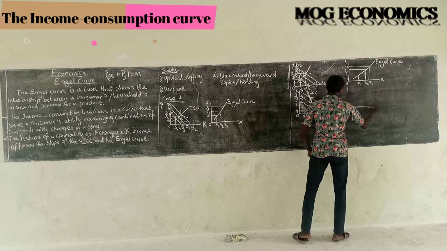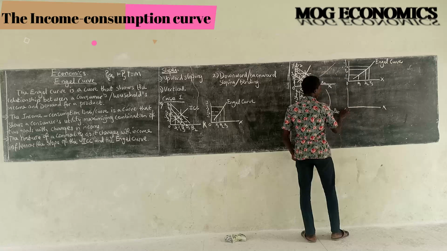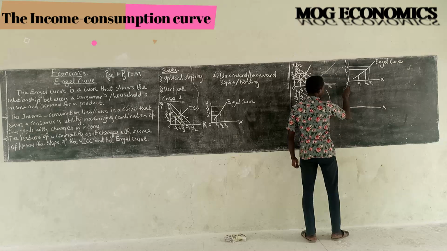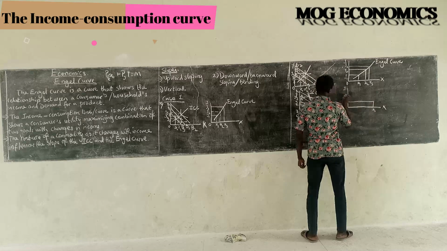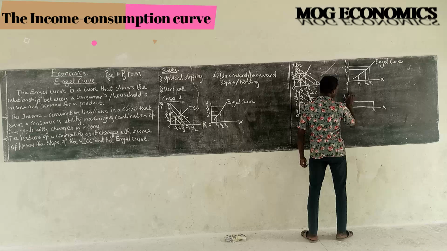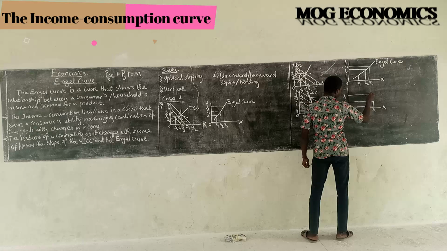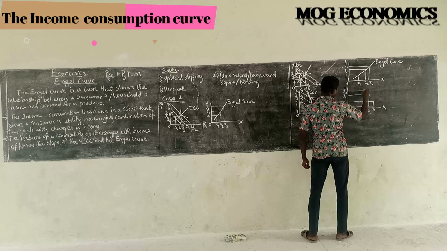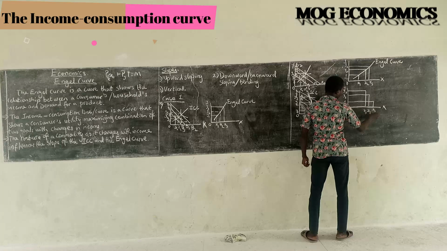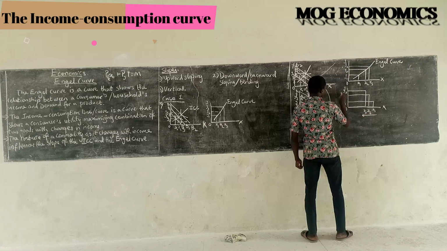If you have the x here, trying to cross to the Engel curve, we have I. When this was I1, commodity X1 was consumed. When it increased to I2, X2 was consumed. Then when it increased to I3, we consume X3. All of this began to fall as this began to rise.